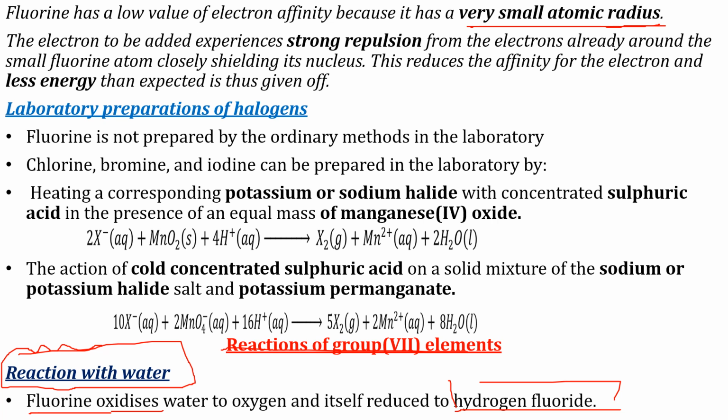Since we are reacting it with water, we expect hydrogen fluoride to dissolve in this water. So in some books you are going to find that it is reduced to hydrofluoric acid. It's the same thing because we expect the hydrogen fluoride produced to react with the water to form hydrofluoric acid, but hydrogen fluoride is the most acceptable name.